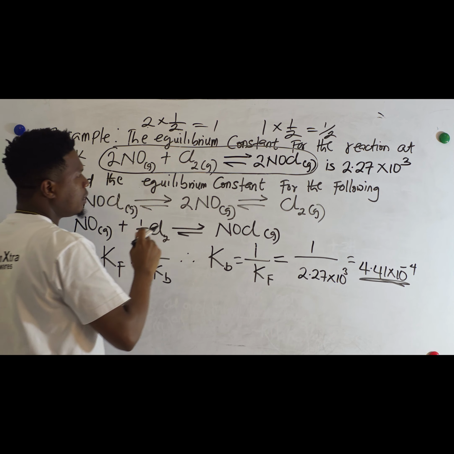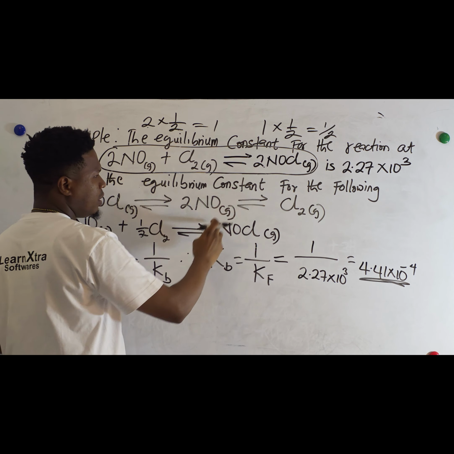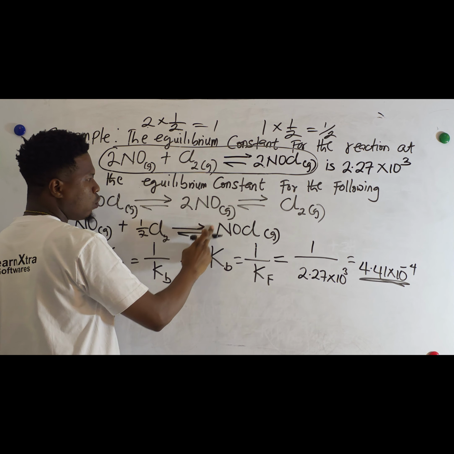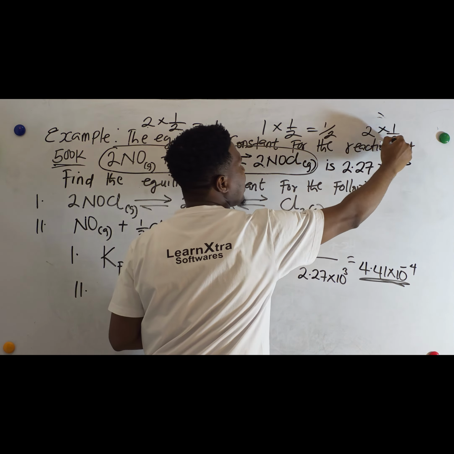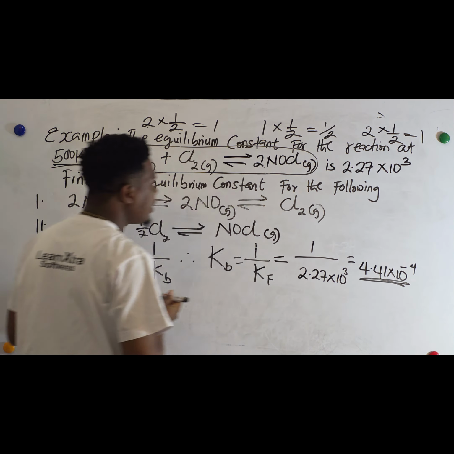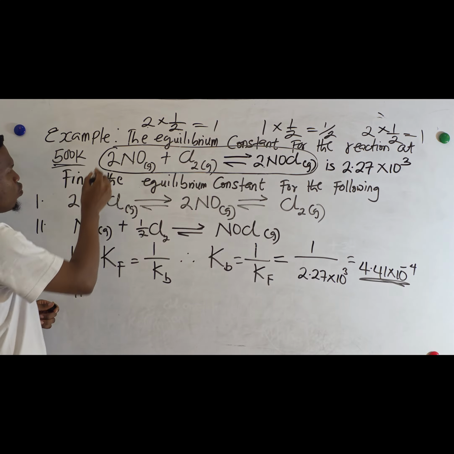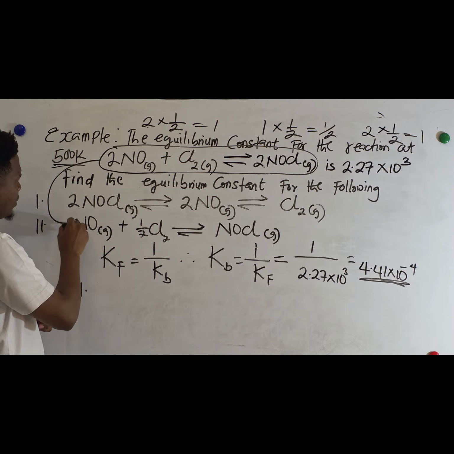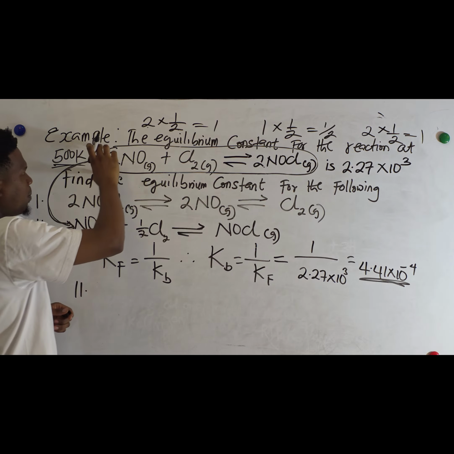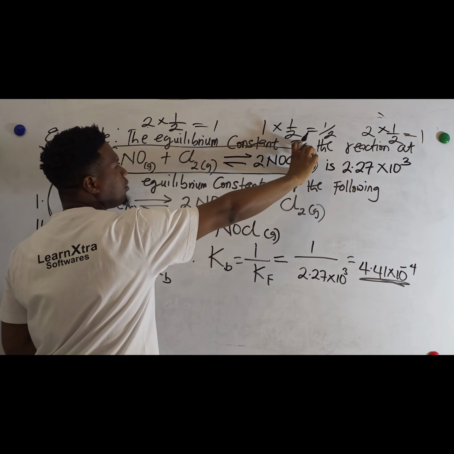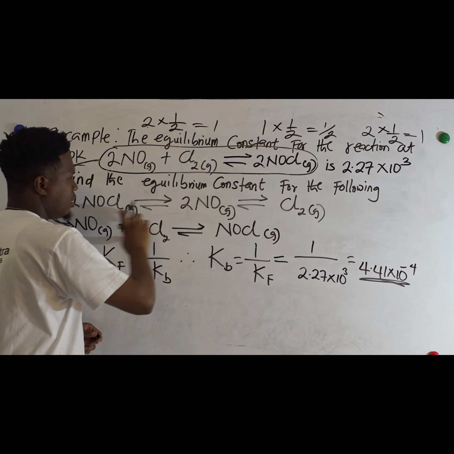Now, the next one is this. There was 2 here, but there is 1 here. And how do we get this one? It's only when you multiply 2 times half, you get 1. So what it means is that for this equation to turn to this equation, we multiply it by half.